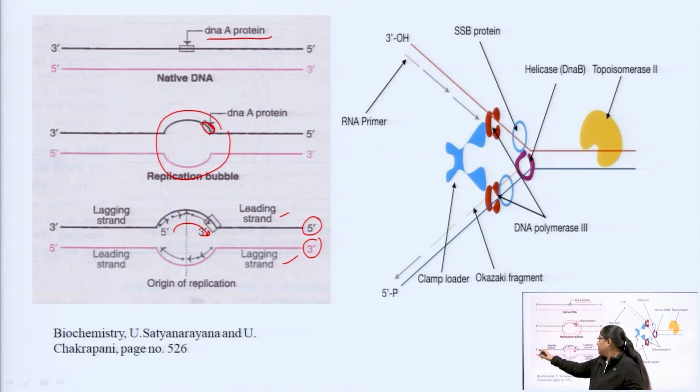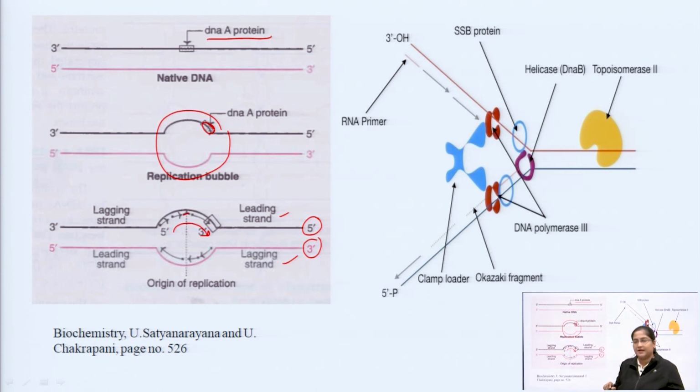So if one parent strand is from 3' to 5', the other parent strand will be from 5' to 3'. And as I have told you, the synthesis of the new DNA strand will happen from 5' to 3' only. So it is okay with the leading strand, because we can see the newly synthesized DNA will be in the direction 5' to 3'.